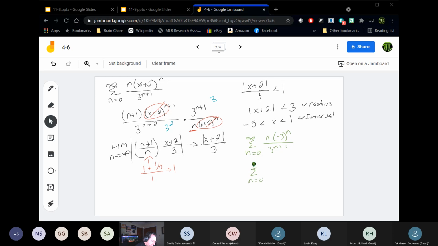And the other one, if I plug in the 1, I get 3 to the nth power over the same thing. So this series simply works down to -1 to the n times n over 3. And this one just works down to n over 3.